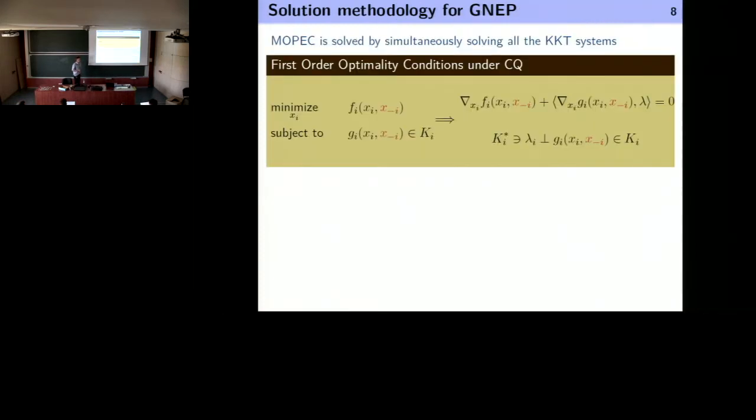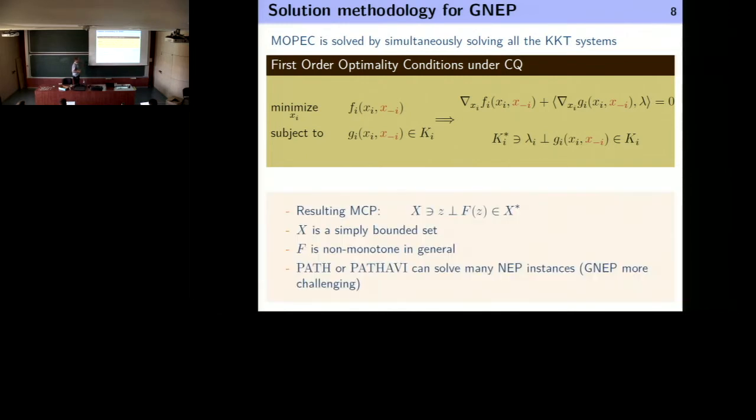So how do you solve or compute a solution to a Nash equilibrium problem? Well, you take the first order optimality condition for each agent, and you basically stack them. And so at the end, you have this compact formulation here. Sorry, it should be an NCP, where X is a simply bounded set, and F is non-monotone. Non-monotone is related to non-convex.